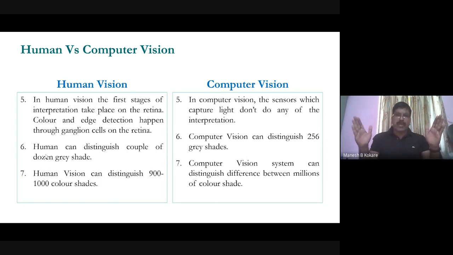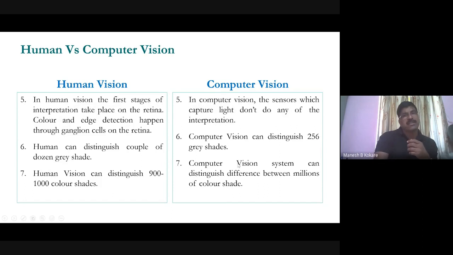Out of 256, if you make 32 bins at the most, then we'll be able to make the difference between one gray level and another. So as human beings, we cannot distinguish all the nearby shades with our eyes. We can hardly distinguish a couple of gray level shades, or at the most 32 gray levels. That is what research says.